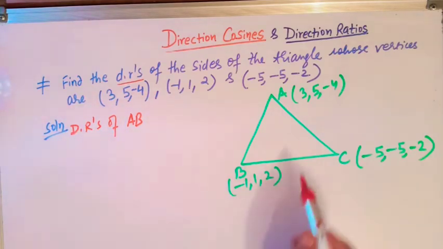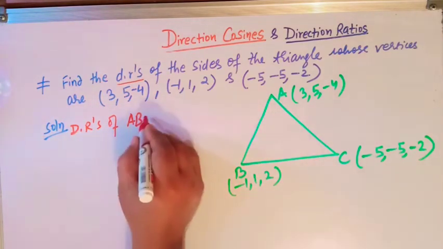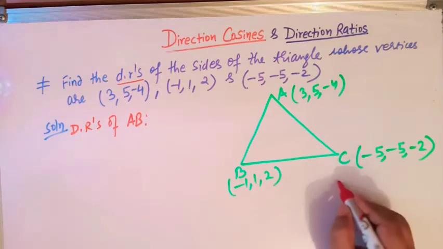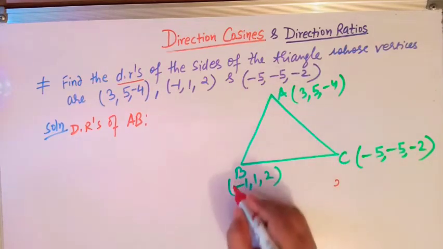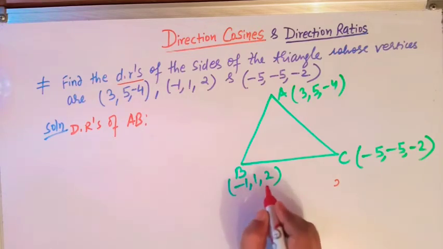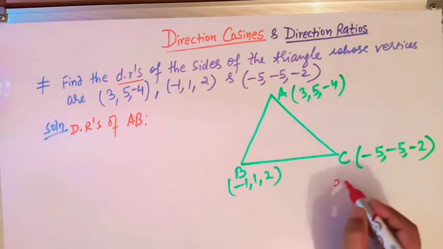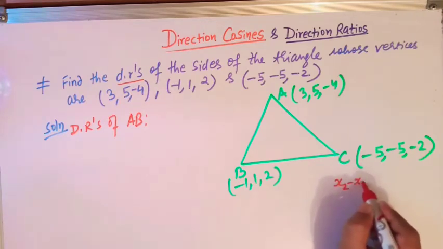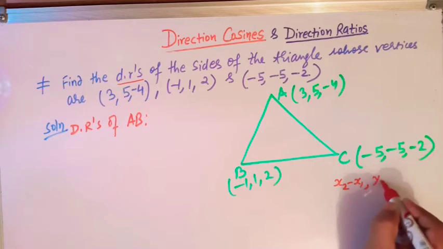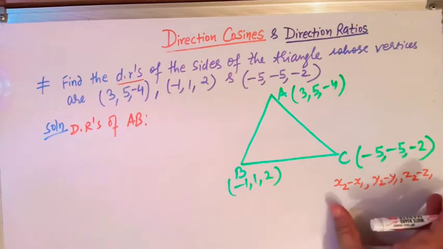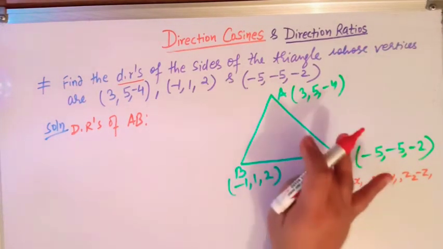The DRs of this side AB are calculated by the rule we know: if we have a line which passes through 2 points x1, y1, z1 and x2, y2, z2, then the direction ratios are given by x2 minus x1, y2 minus y1 and z2 minus z1. So we will apply this rule to all the 3 sides.